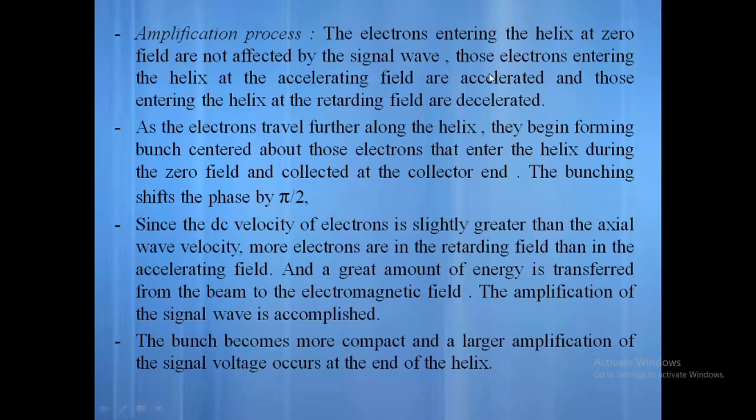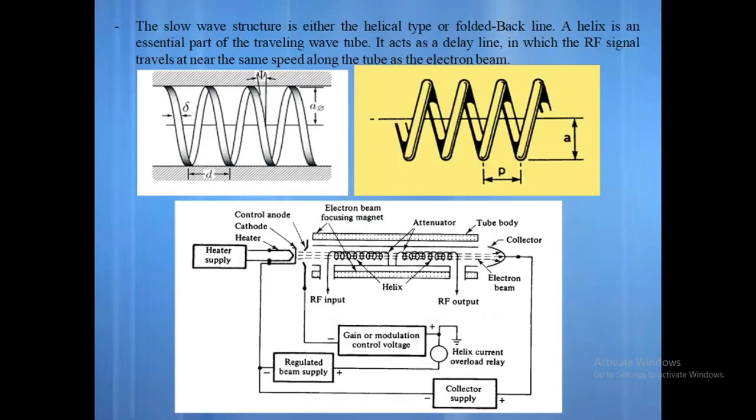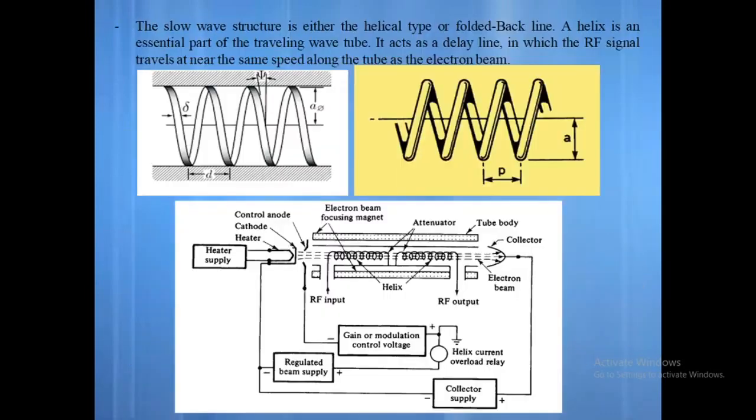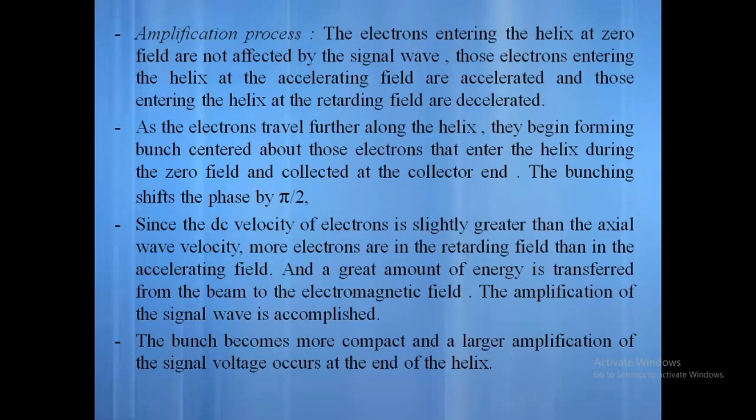Whenever the RF input is provided, with positive and negative cycles, during the positive cycle there is a chance of the electrons being accelerated, and during the negative cycle the electrons are decelerated. So whenever the negative cycle occurs, there is a chance of late electrons combining with early electrons, which forms a group of electrons called bunching.